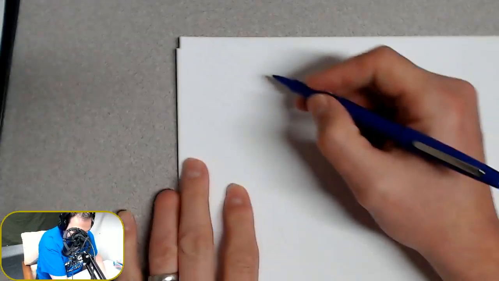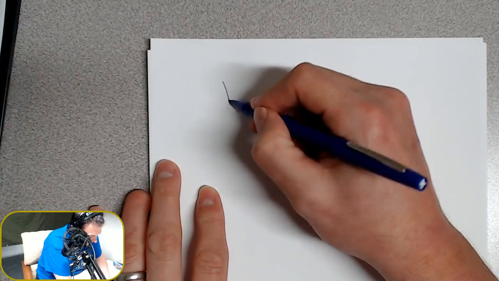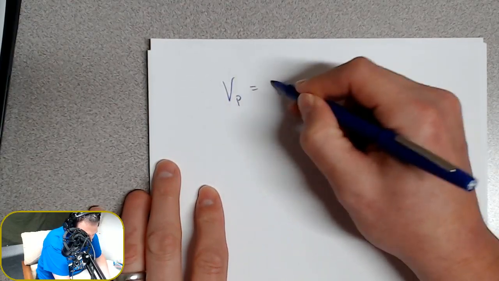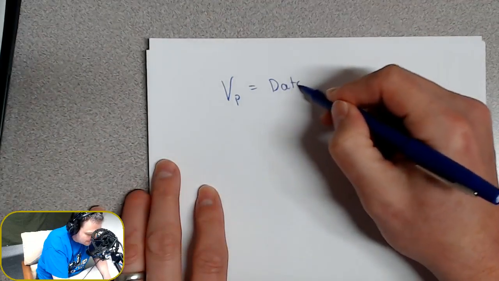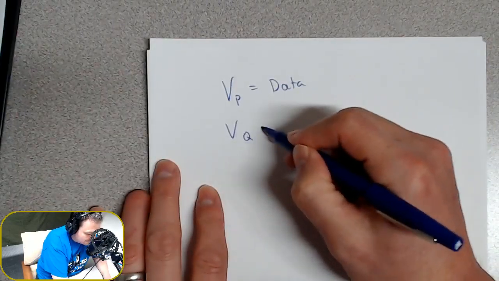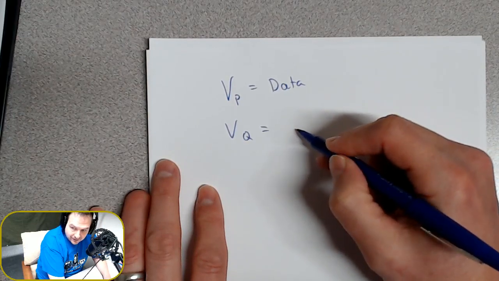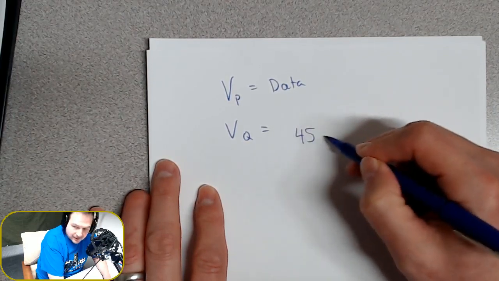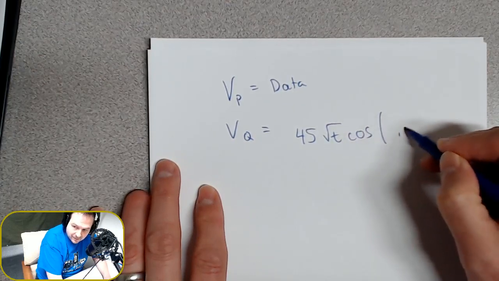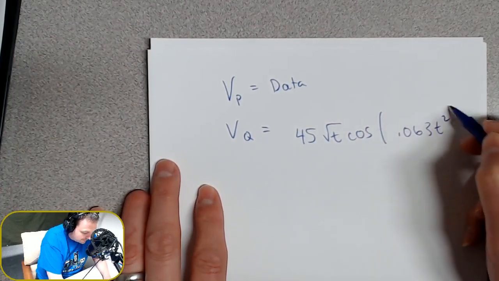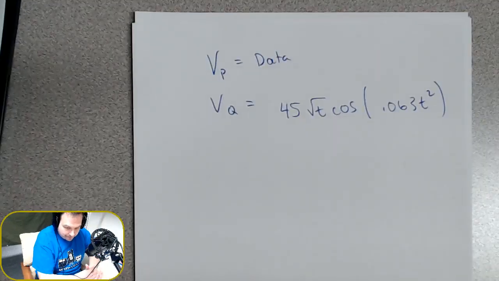V of P was data, and the velocity of Q was an equation: 4.5 square root of t cosine of 0.063 t squared. There was the velocity of Q.